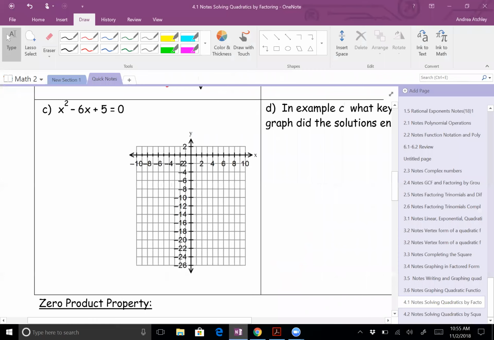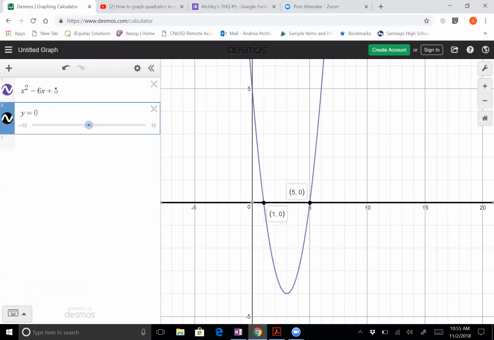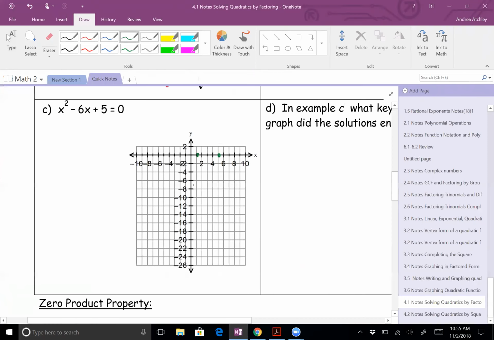Okay, so in here, let me graph 5 and 0 and 1 and 0. And then my vertex was down here at 3 and -4. So this is what my parabola looks like.